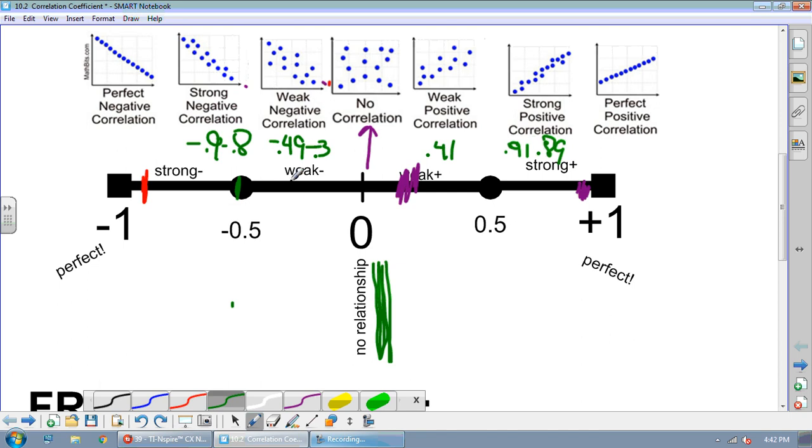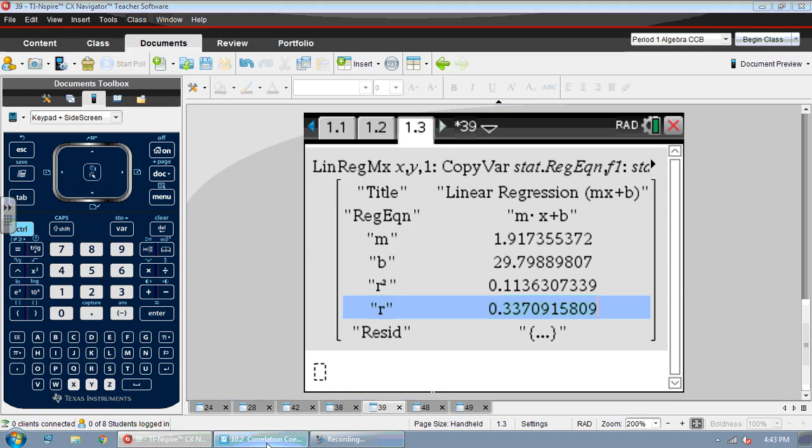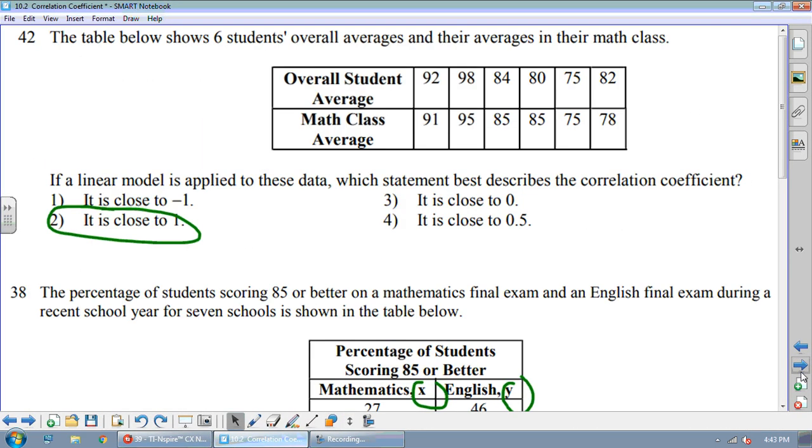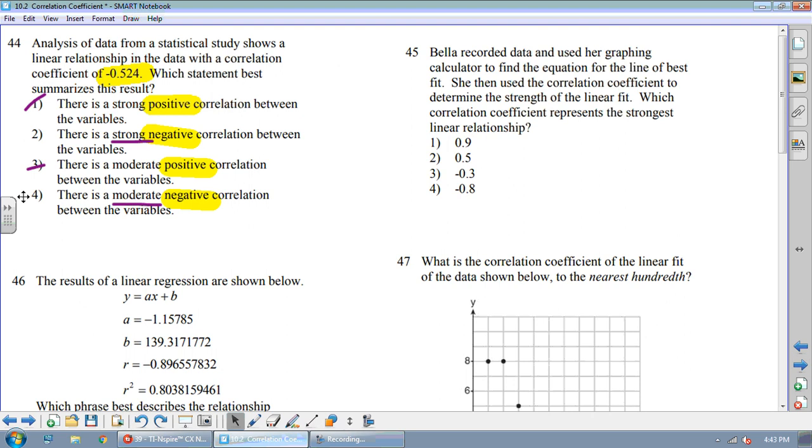Weak is like all of this area, strong is like numbers that are close to 1. It's 0.8, 0.7, 0.9. Those would really be strong. So this one's going to be kind of weak. So if we have a choice between strong or moderate, let's go with moderate. Really weak would be like 0.2. So moderate's a good word for this one.